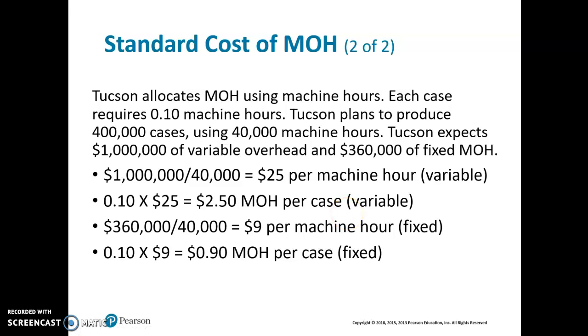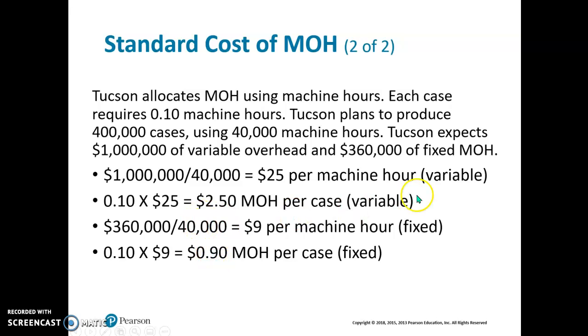Now for the fixed, we have $360,000 of fixed divided by 40,000 machine hours, which gives us $9 per machine hour. This product needs 0.10 machine hours times $9, so 90 cents of manufacturing overhead per case is for fixed overhead.